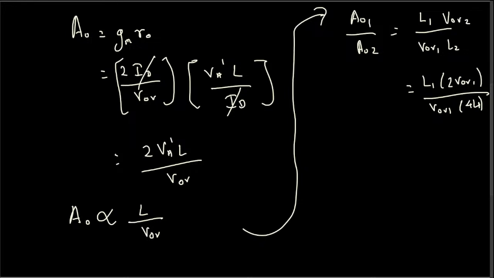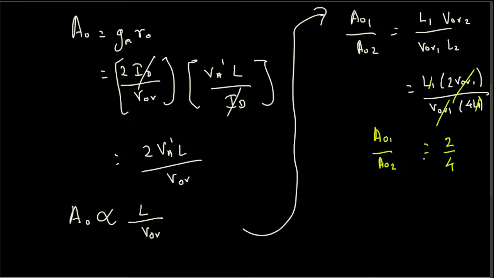Okay, so from this we can cancel all the like terms. V_ov1 cancels, L1 cancels. Finally we end up getting 2 over 4. That is A01 over A02.